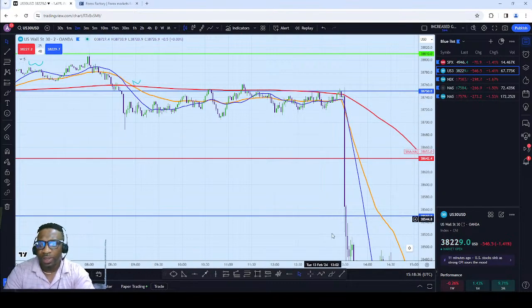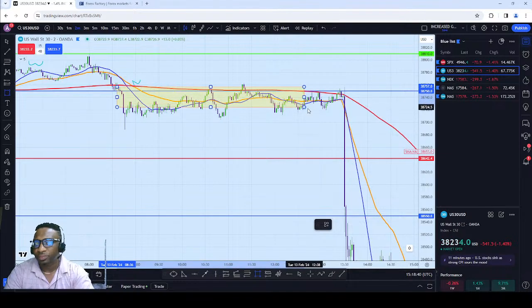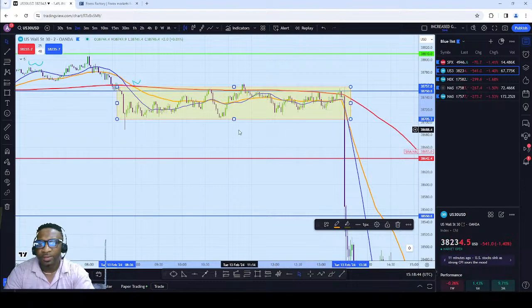As we can see, it was in a range from this point onwards. As I've mentioned before, if it's in a range, you don't use this strategy.